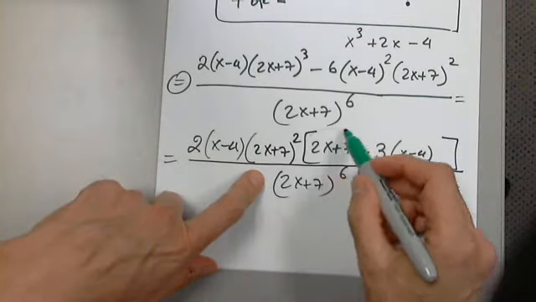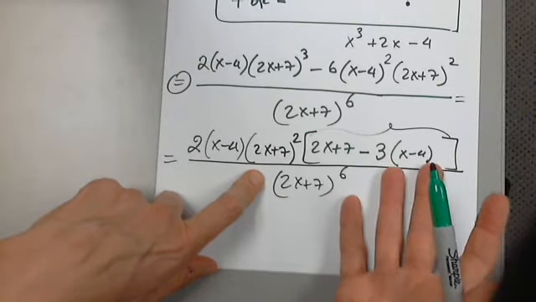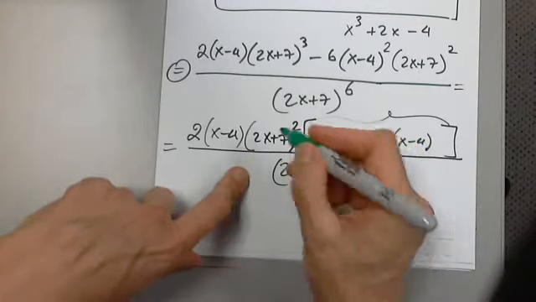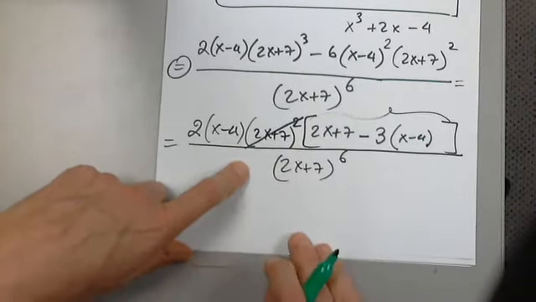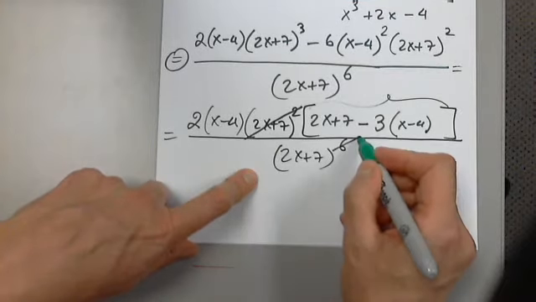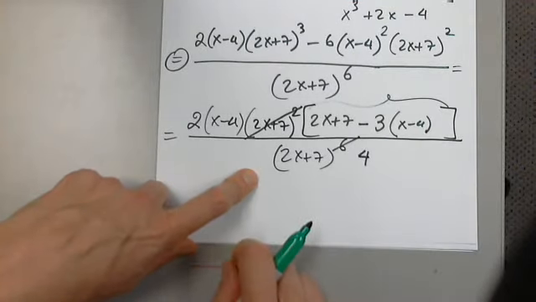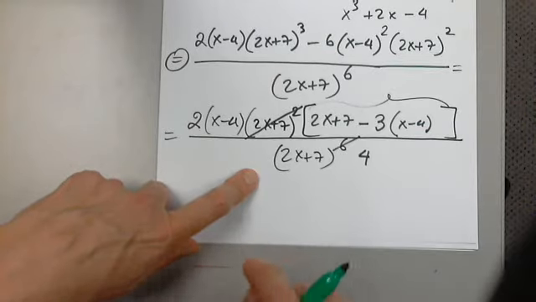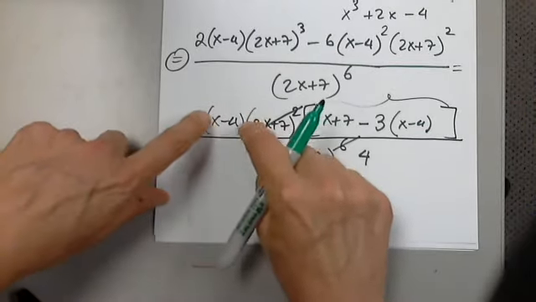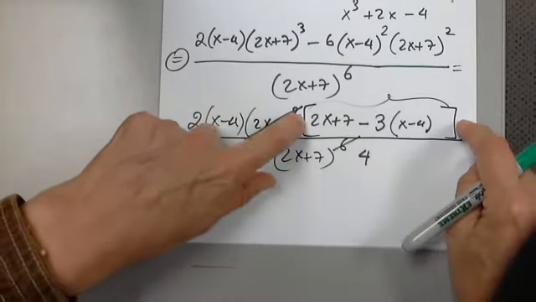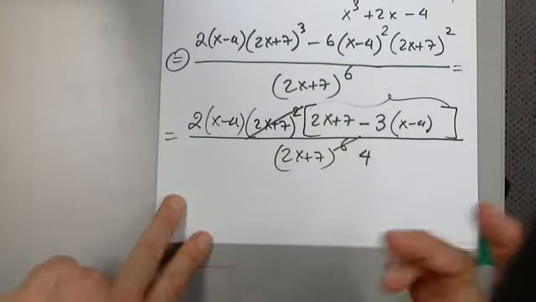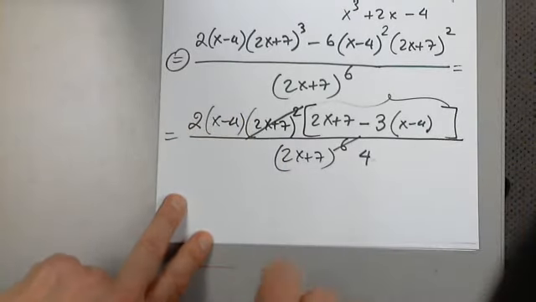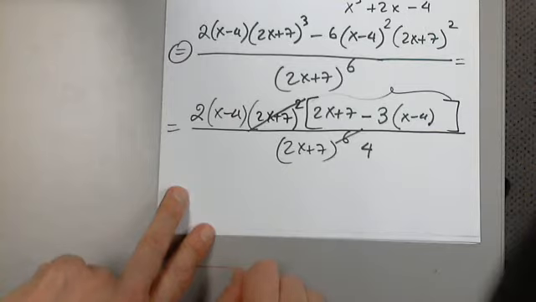Yeah. Okay, now all I have to do is combine these. Also, would you allow me now to do this? Remove 2 factors of 2x plus 7 and remove 2 factors of 2x plus 7. 2 from the top and 2 from the bottom. Because I'm simplifying factors. This is multiplied by this, which is multiplied by this, which is multiplied by this. Everything is a factor. It's made out of factors. I'm not simplifying terms.